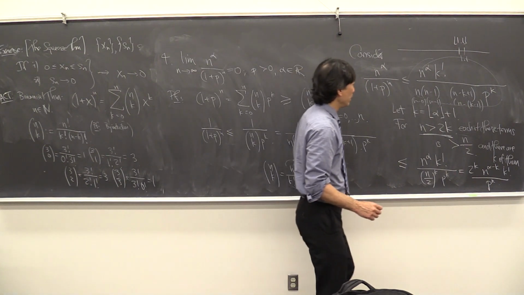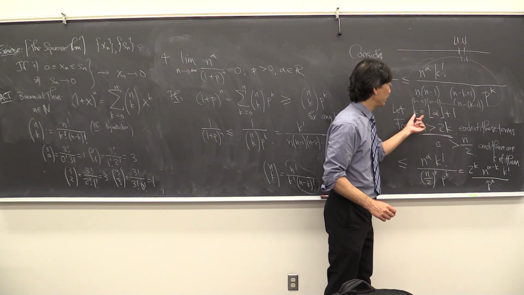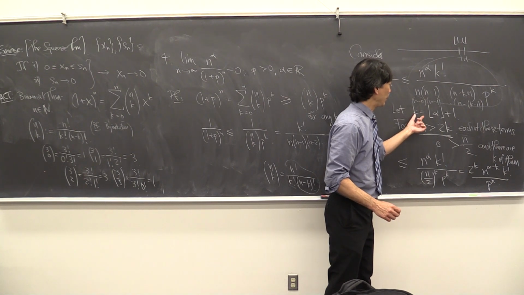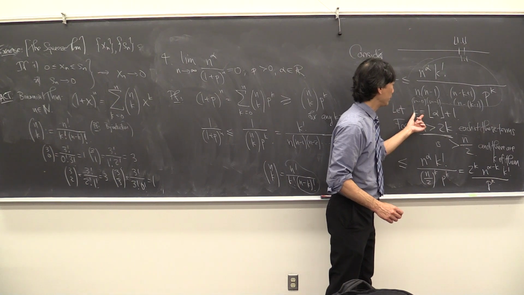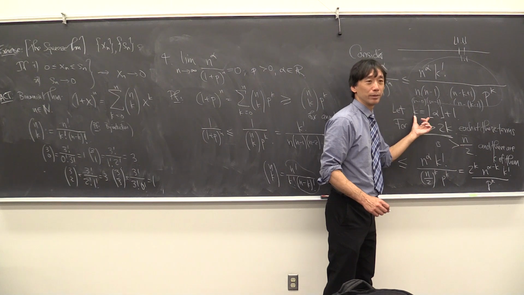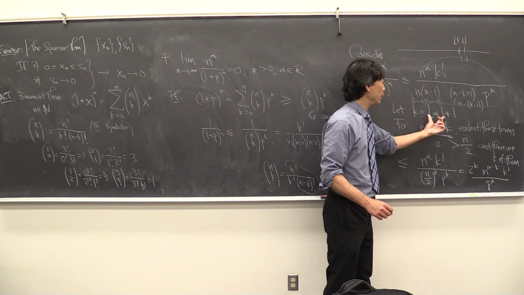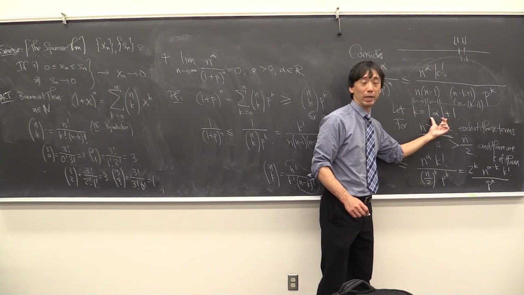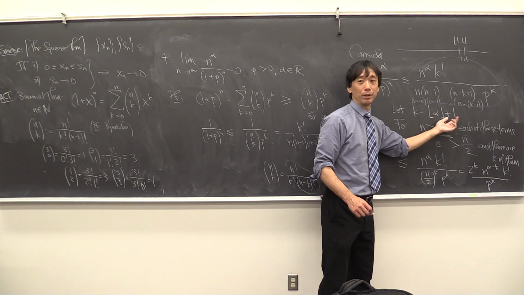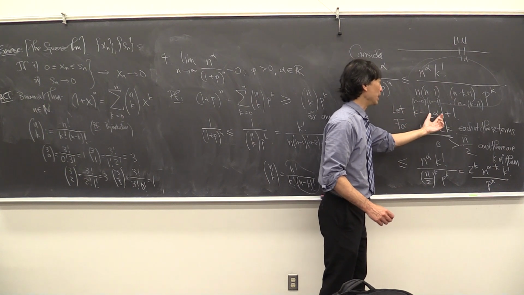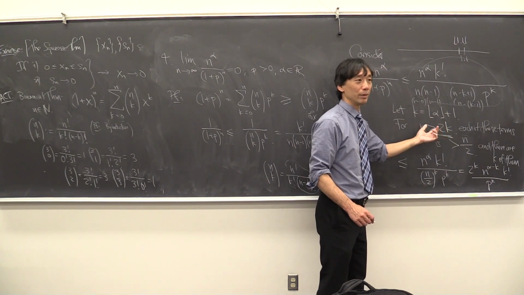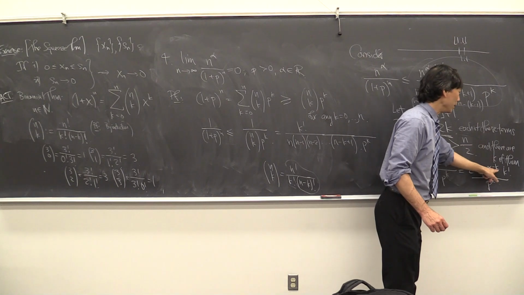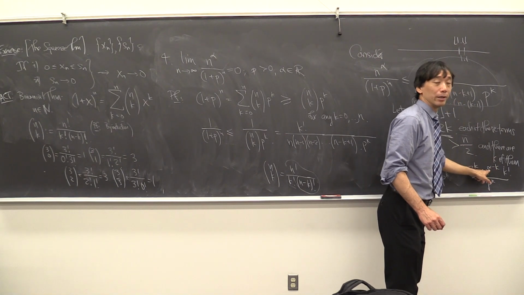Okay, but k is bigger than alpha, because k is the greatest integer smaller than alpha plus 1, so it's going to be the integer just bigger than alpha. So we have alpha minus k, that's a negative power.